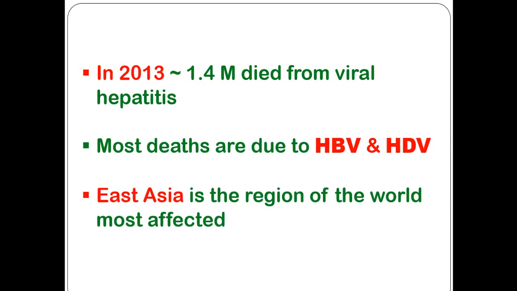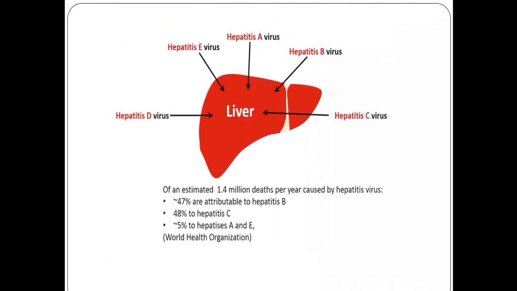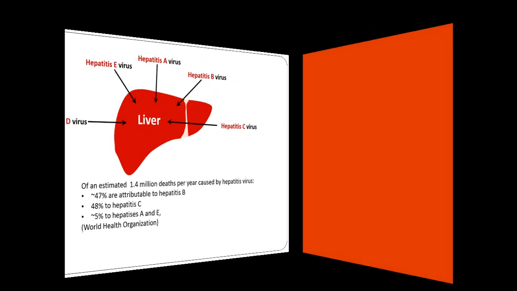You know, East Asia now is the origin and the land of most of the viral diseases. So according to WHO, as you see here, most deaths are due to hepatitis B and C, and hepatitis A and E constitute just about 5% of the causes of death due to hepatitis.